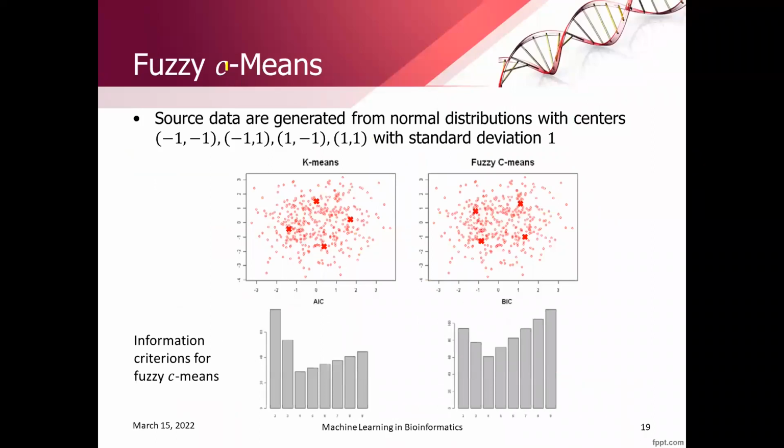Let us look at how it works on some artificial data. Here we have artificial data generated from 4 normal distributions, with centers (-1, -1), (-1, +1), and similarly (1, -1) and (1, 1).